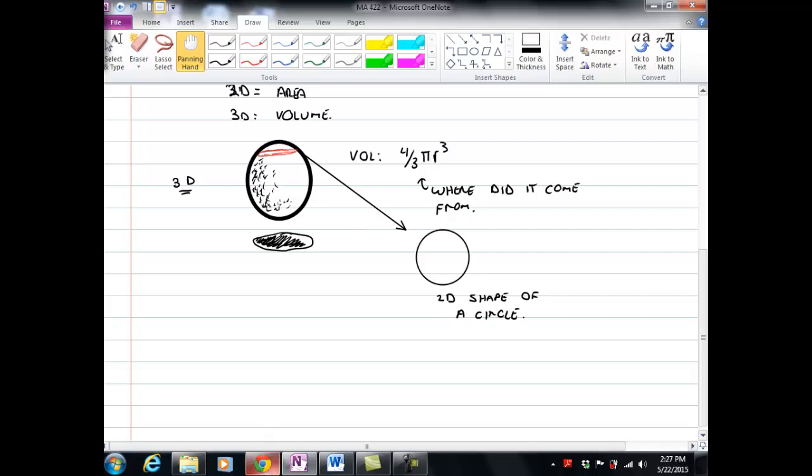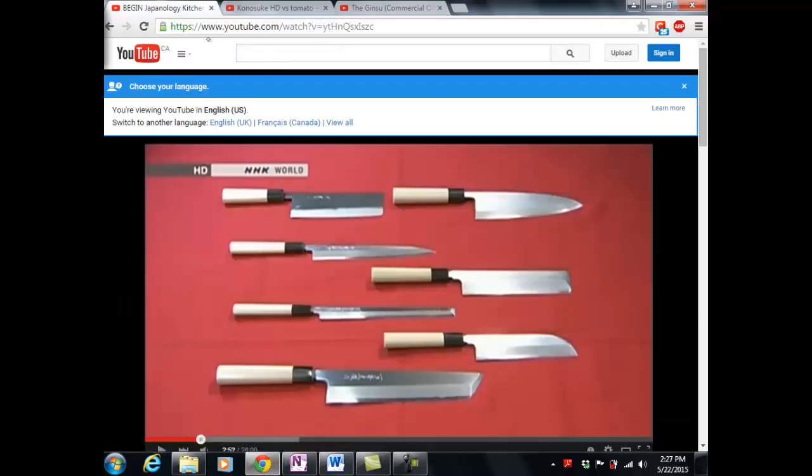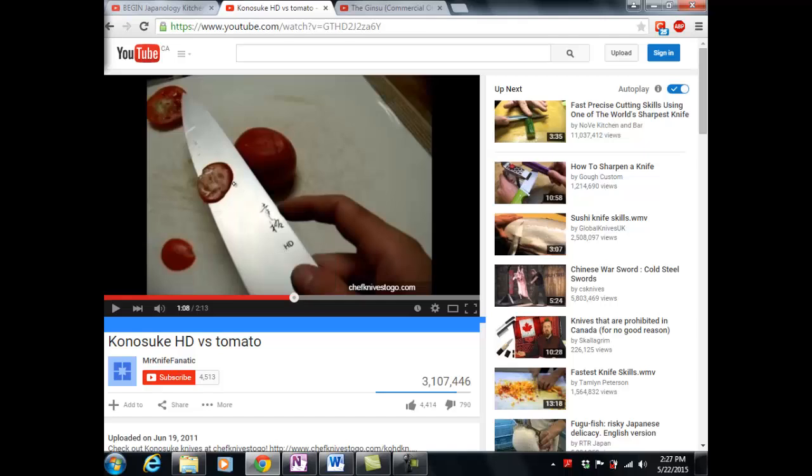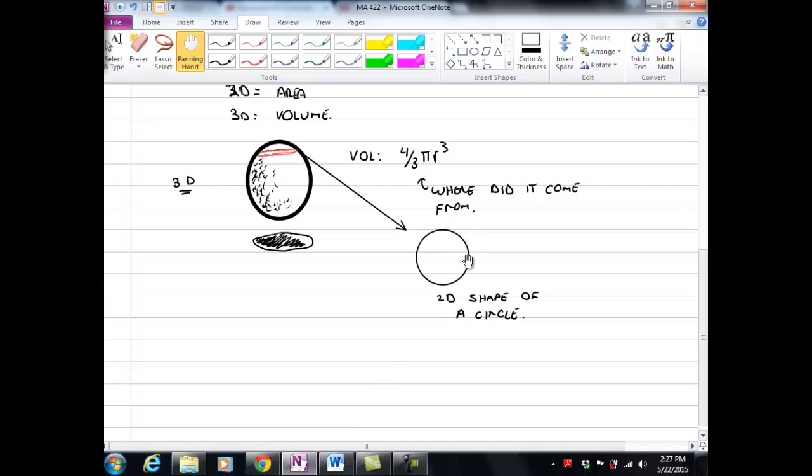So when I was showing you this video right here, where did my tomato go? See, when the guy chops it, it becomes a super duper thin piece. But if I have a sharper knife and cut it even thinner, what you really get is just a simple 2D shape. And the area of a circle, would you agree, is pi r squared?